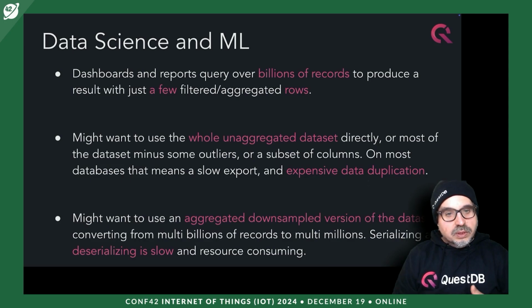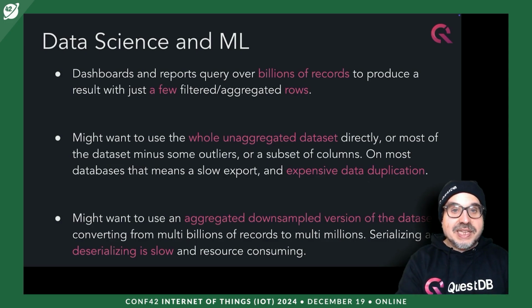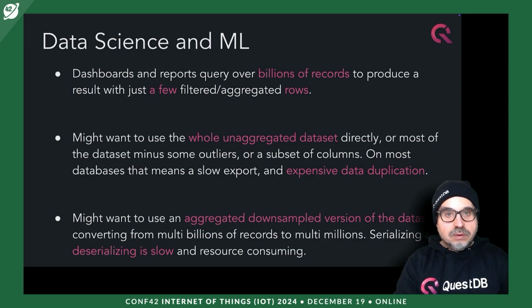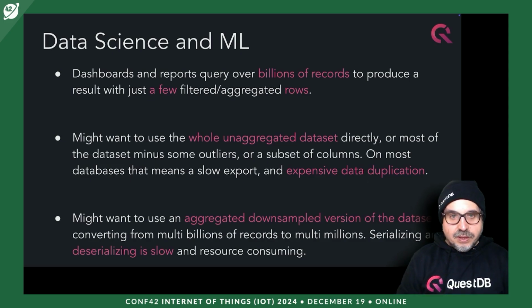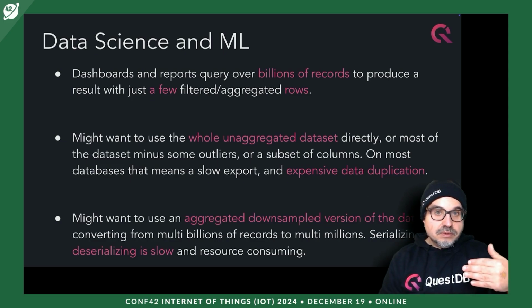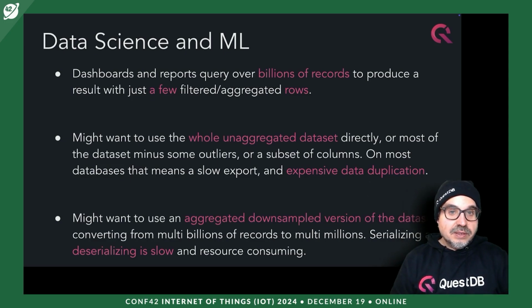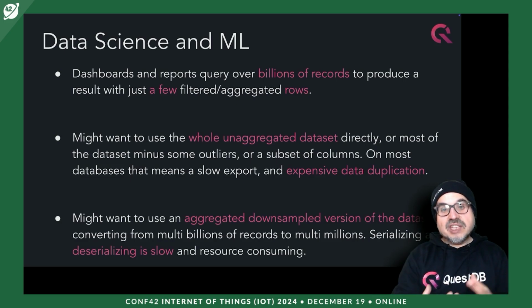Maybe they want to do aggregations or downsampling directly on the database to then present the data with tools like Python or R or whichever tools you are using. But they want to run the queries using the database, and they want the data to get to the client application as fast as possible.